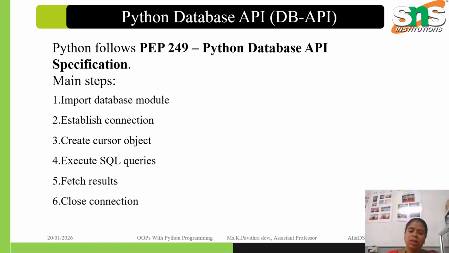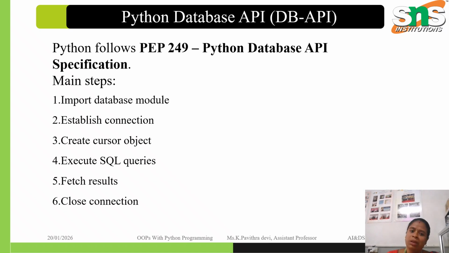The next topic is the Python database application programming interface. The Python database API, commonly called DB API, is the standard that defines how Python programs interact with the database. It ensures that different database libraries follow a consistent interface.